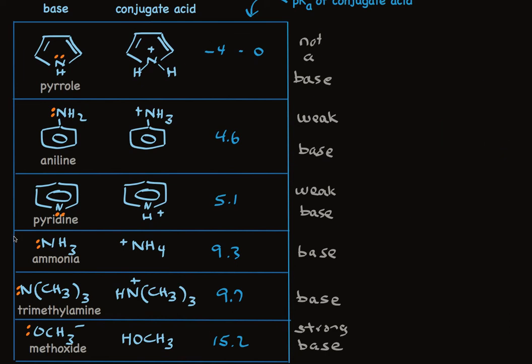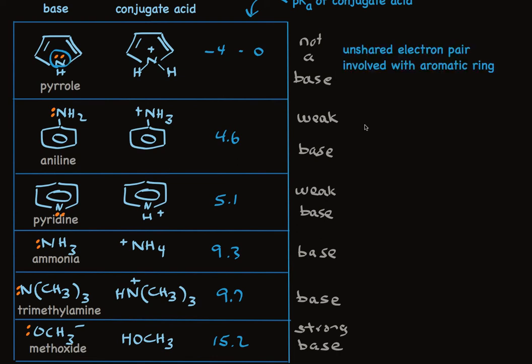And finally, let's take a quick look at the rationale for explaining the relative basicities. Well, looking at pyrrole, this pair of electrons is needed for the aromatic ring. If this nitrogen is protonated, that unshared pair is no longer available to participate in the aromatic pi system, and we destroy the aromaticity. You know being aromatic is much more stable, so it's way uphill energetically to protonate that nitrogen.